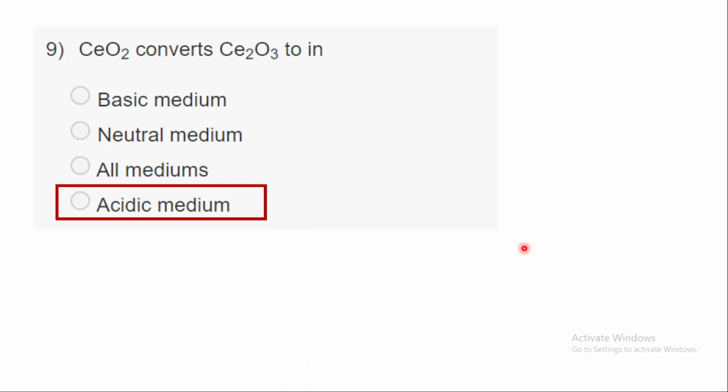What is the oxidation number on cerium in CeO2? And in Ce2O3, what is the oxidation number? What do you think? Come on, I think you will be able to solve this.